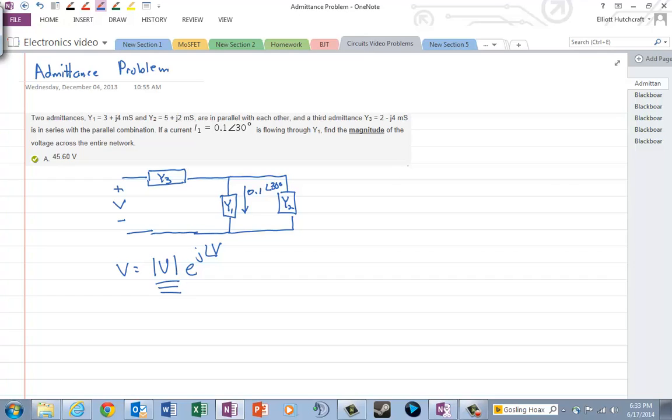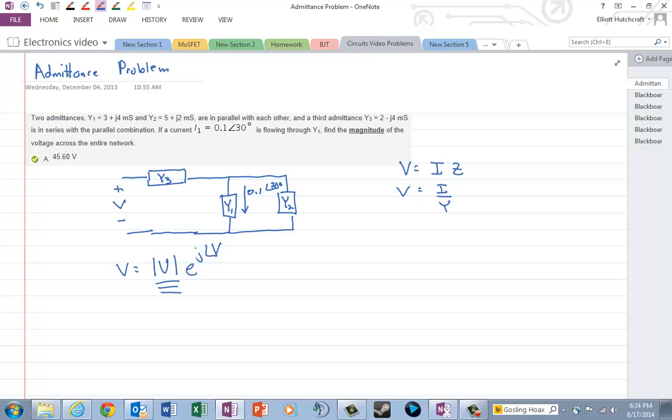So most of the time we think, okay, V equals I times Z. Well, Z is just 1 over Y, so this is I over Y. So this is our formula for the general voltage for a current through an admittance.